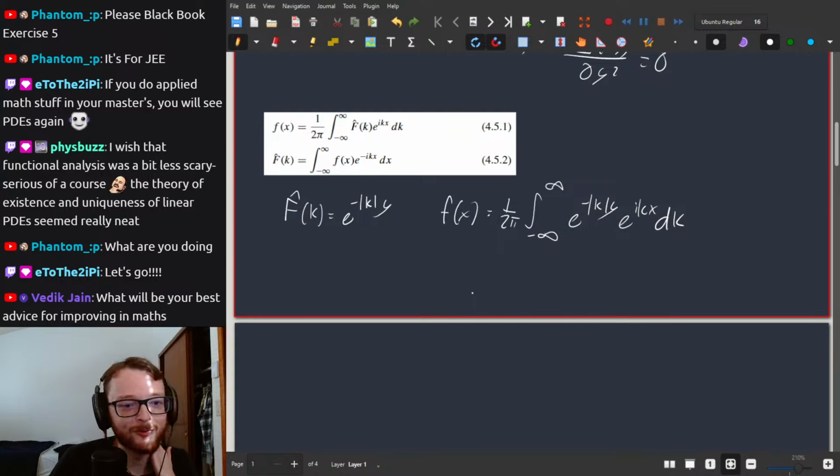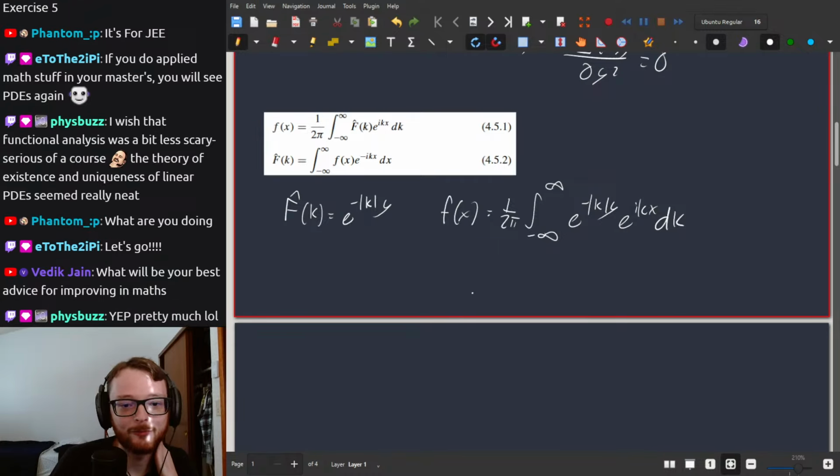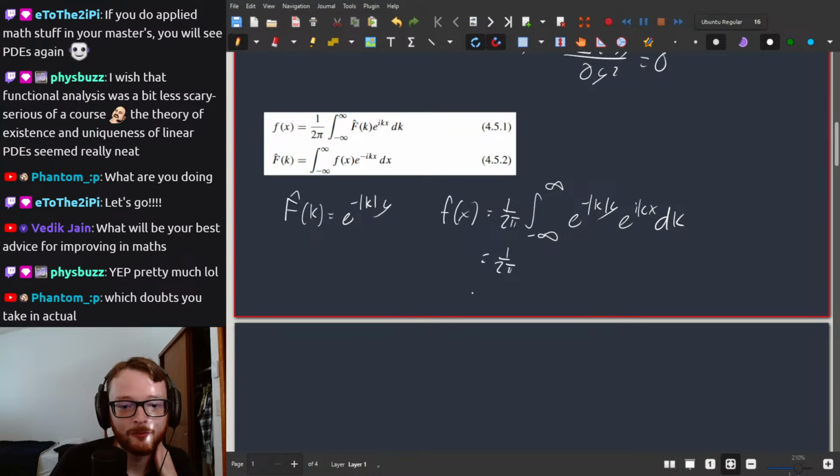Phantom, I'm just doing some studying on partial differential equations right now. Vedic, for improving in math, unfortunately there isn't much of a better way than just practicing. There's no substitution for just grinding through problems. I imagine for PDEs it's even worse.